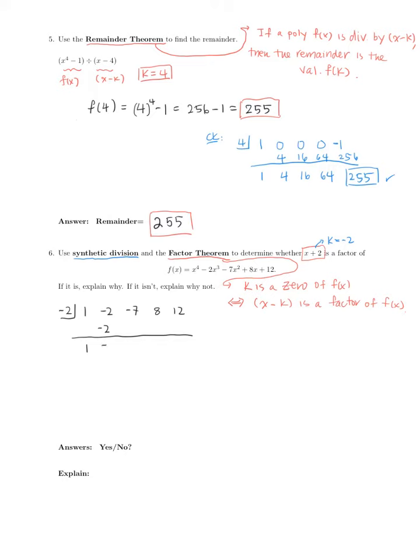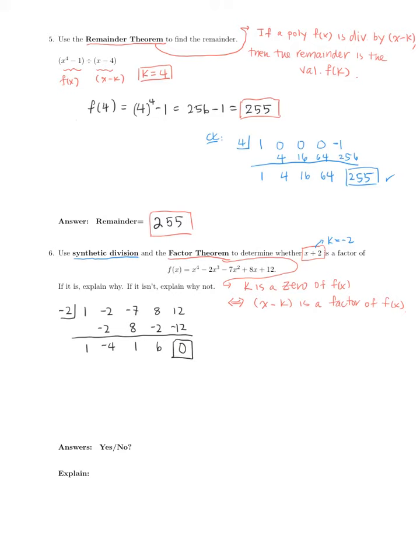Now add, you're going to get negative 4. Now you go negative 4 times negative 2. What is that? That's 8. And add vertically, you're going to have 1. Now 1 times negative 2 is negative 2. Add vertically, you're going to get 6. 6 times negative 2 is negative 12. Yay! Our remainder is going to be 0.